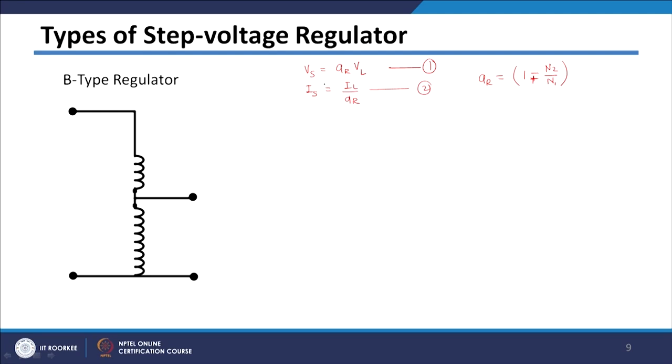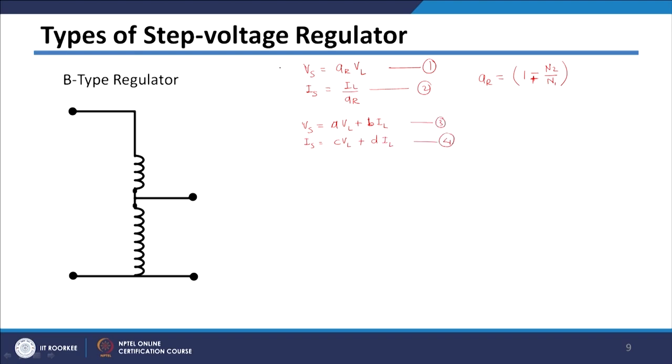So, if you can compare these voltages, so basically we want ABCD parameters here. So, we know that for ABCD parameters we want Vs, supply voltage, which is in terms of A VL plus B parameter into IL, and Is we want which is equal to C into VL plus D into IL, which is say 3 and 4.